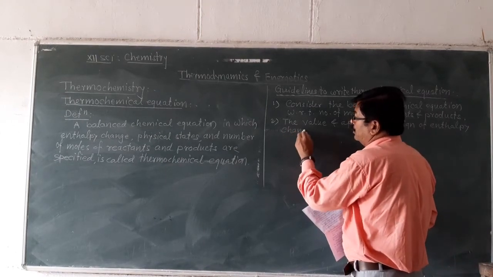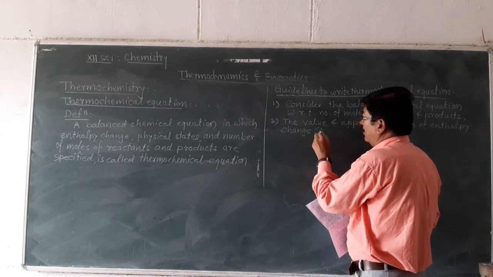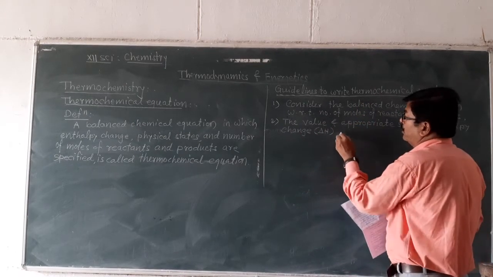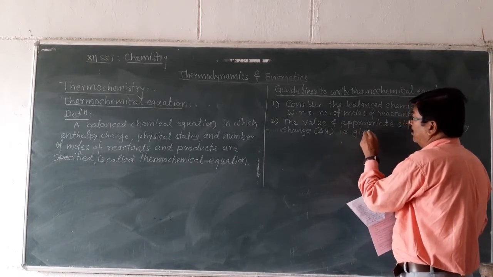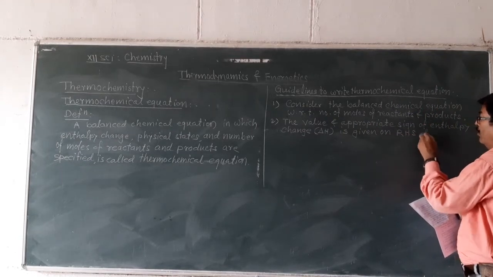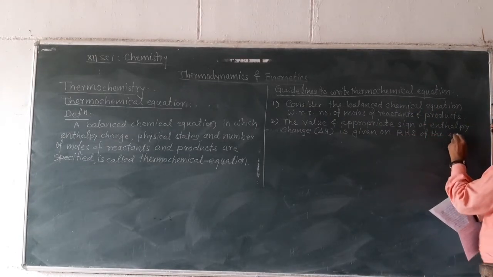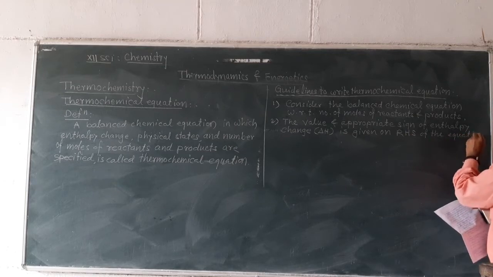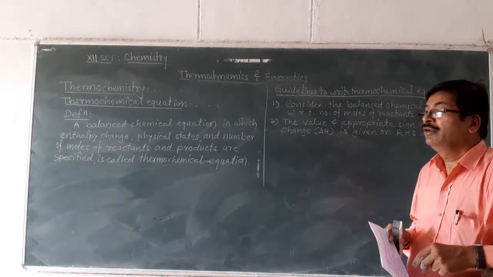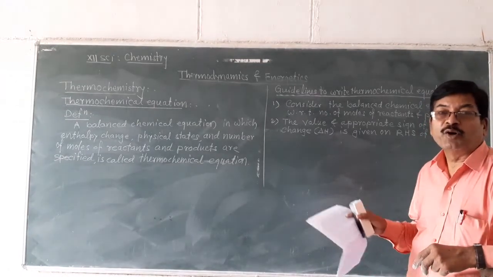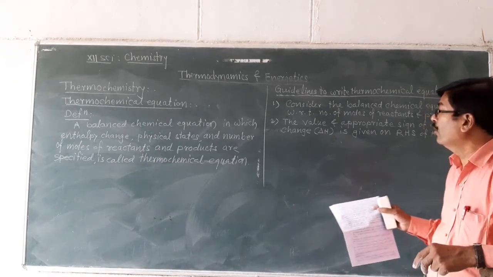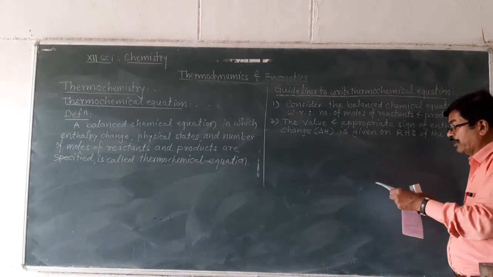Enthalpy change, delta H naught or delta H, is to be given on right hand side of the equation. This is second rule. Once you write balanced chemical reaction, you write corresponding enthalpy change with proper sign and unit on the right hand side of the equation.